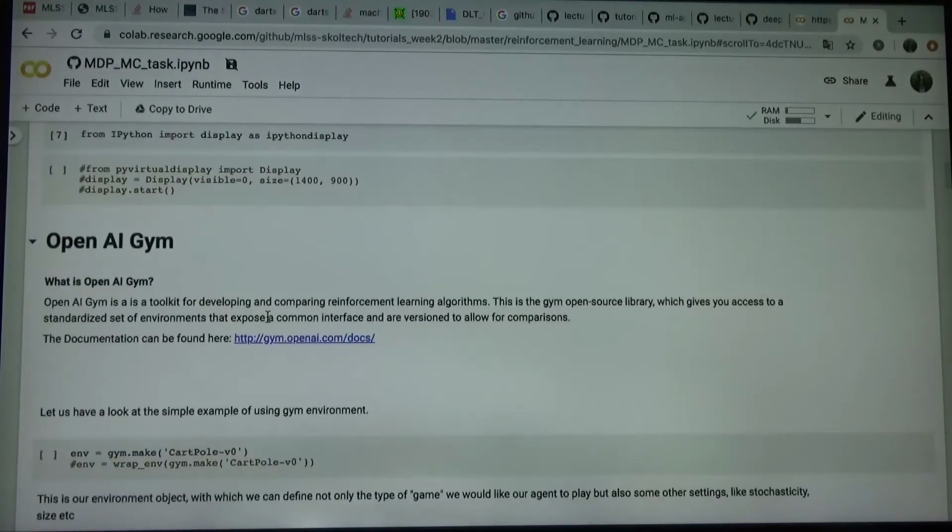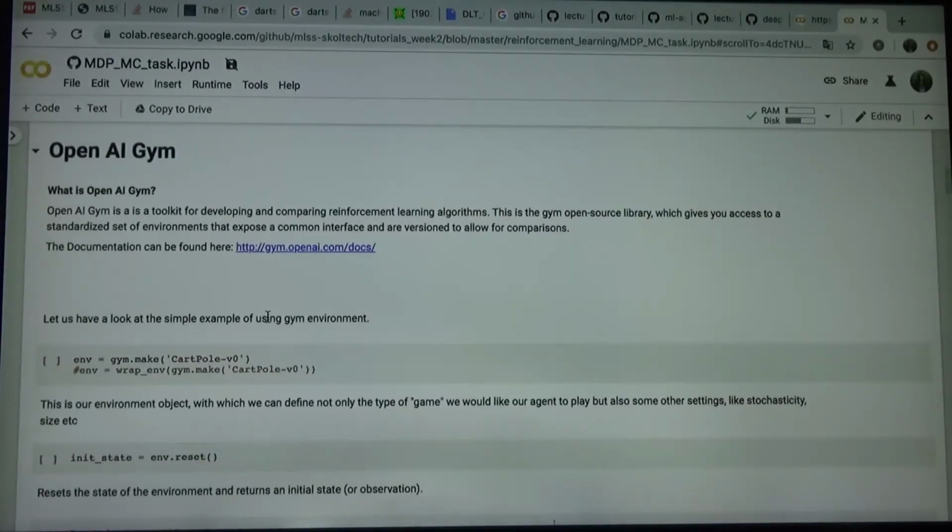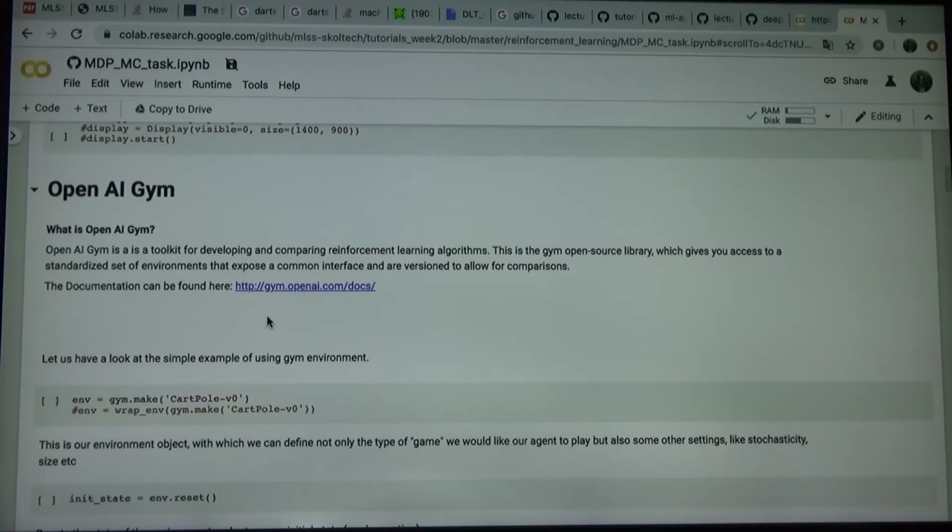Before starting the reinforcement learning tutorial and doing MDP, I would like to give you a brief 2-minute introduction to OpenAI Gym. I think many of you are familiar, but for those who aren't, OpenAI Gym is a development toolkit for reinforcement learning.